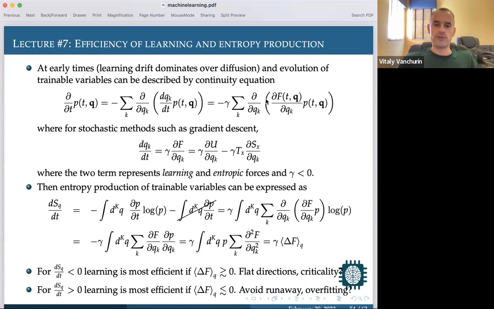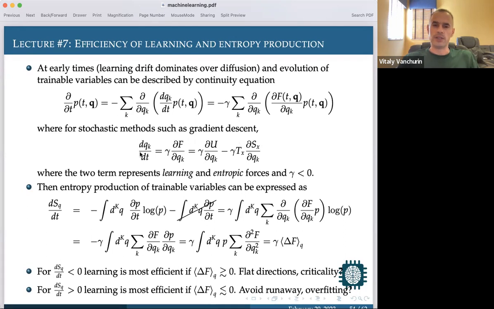Now, the velocity of the drift, we assume is, just like before, in the direction of the gradient of the free energy. Now, free energy of the non-trainable variables we've shown is equal to dF = dU - TdS. So I'm just substituting here.